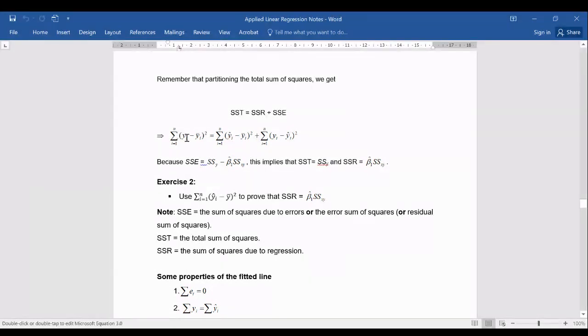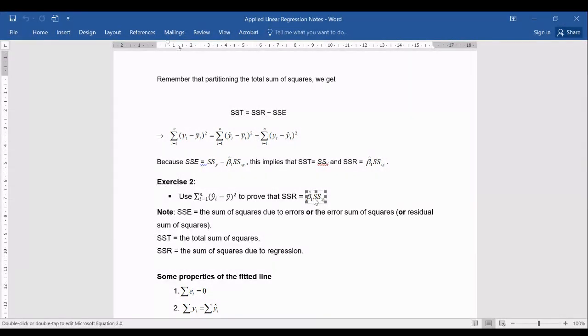Now, this is the SS total. And as you can see, this part is the errors because we have the actual value minus the predicted. So these are the errors, which means this is nothing but SS reg. And if you look at exercise 2, we want to prove that indeed SS reg is equal to this part, which is beta 1 hat multiplied by SSXY.